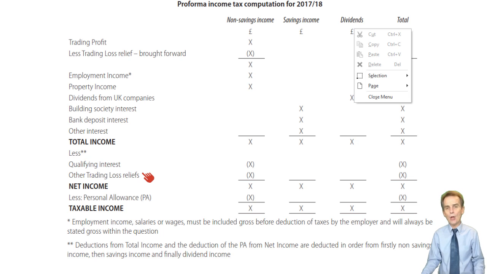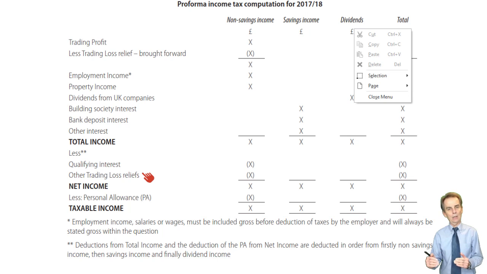And just like with unincorporated trades, there's a capacity to carry forward. And if we do carry forward, then it goes against future trading profits, as we'll see, of the same trade. And then if we are going to relieve that loss sooner, either in the current year or possibly thereafter a previous year, then it will go against not total income, but what we have on a corporate tax computation, total profits.